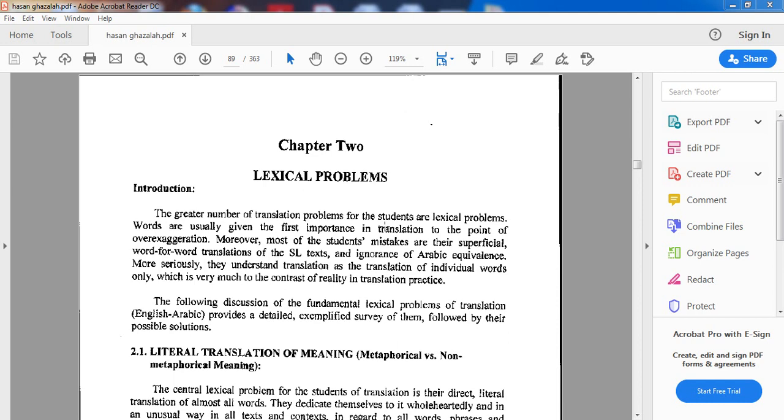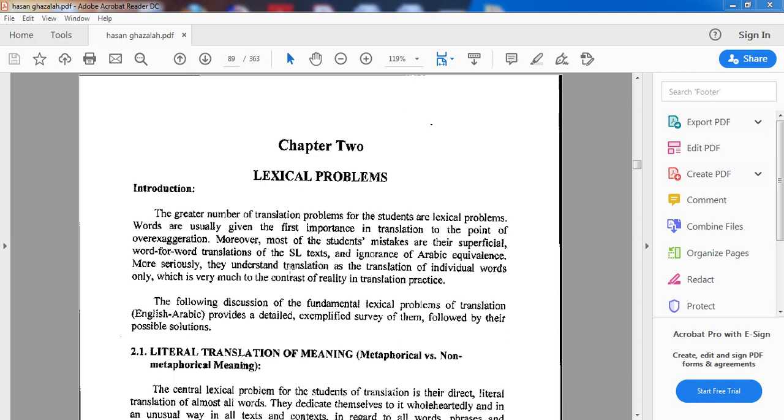So they try to simply give literal translation, or word for word translation, and by combining the meanings of those words, they come out with the translation. And actually this is a big mistake in translation, when you just follow word for word translation without identifying the relation between words within the sentence.